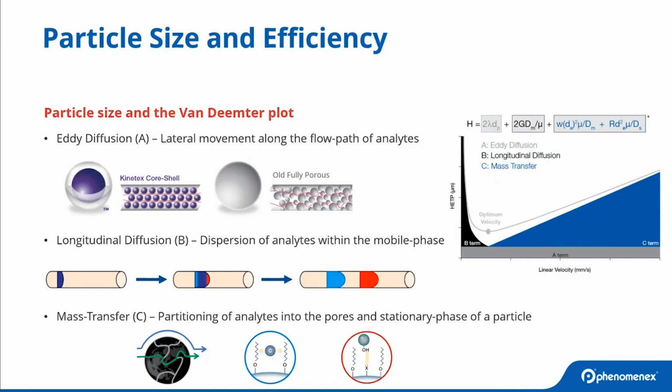We refer to that distance as the height equivalent of theoretical plates, HETP, as graphed right here. We want the most plates possible, highest level of efficiency. Conversely, we want the smallest theoretical plate height, as demonstrated right here on this graph.